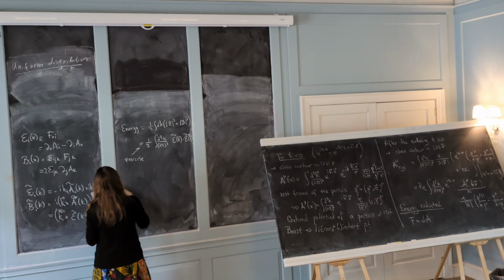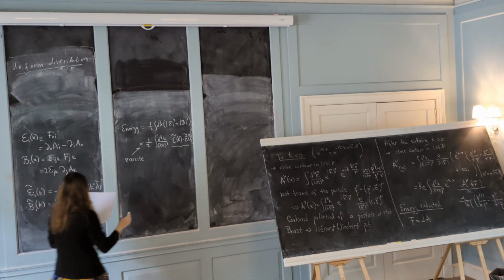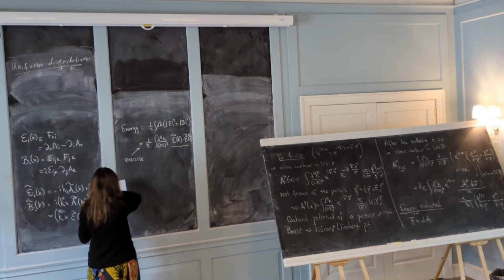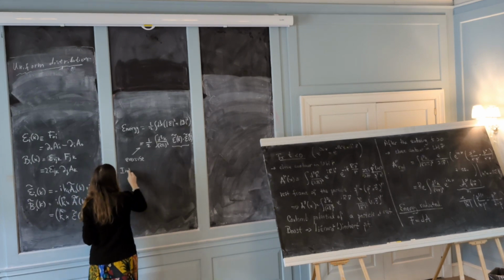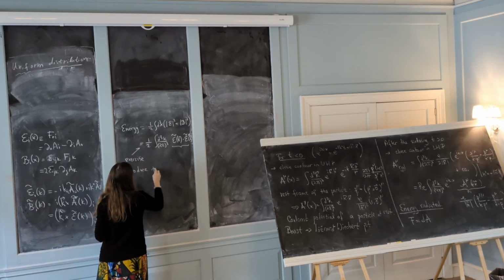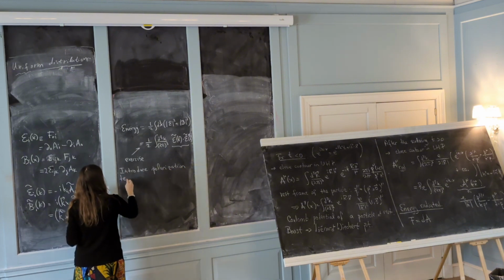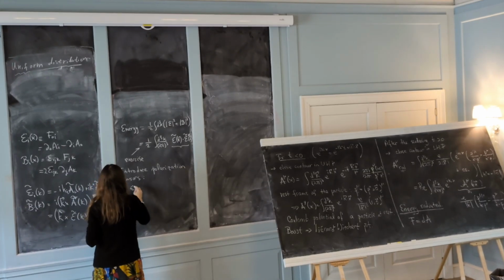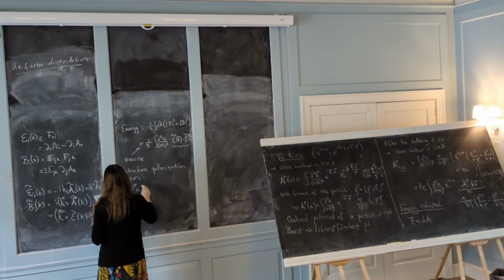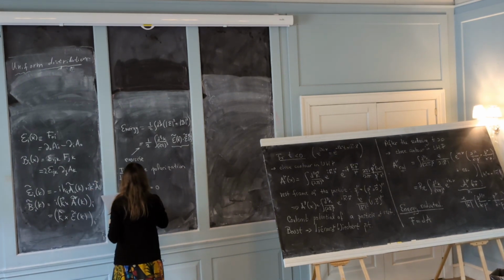So finally, the problem now boils down to evaluating this object, and we can do that by introducing polarization tensors. So these are the orthogonality and completeness conditions, and we may be familiar with this. k·ε is equal to 0, and also the sum over lambda, and there are two polarizations for the photons.